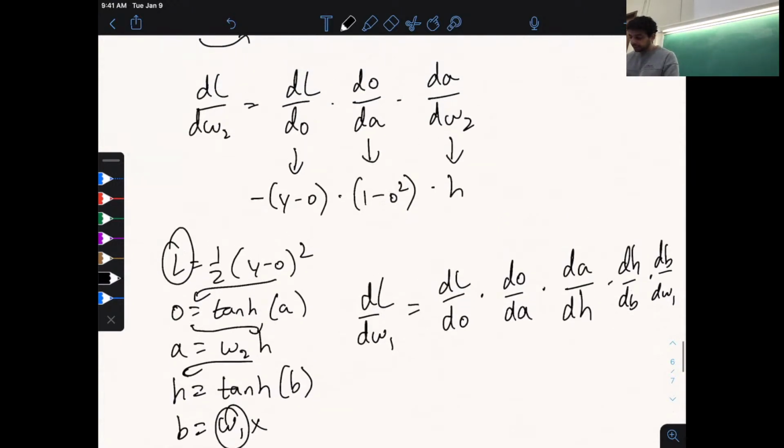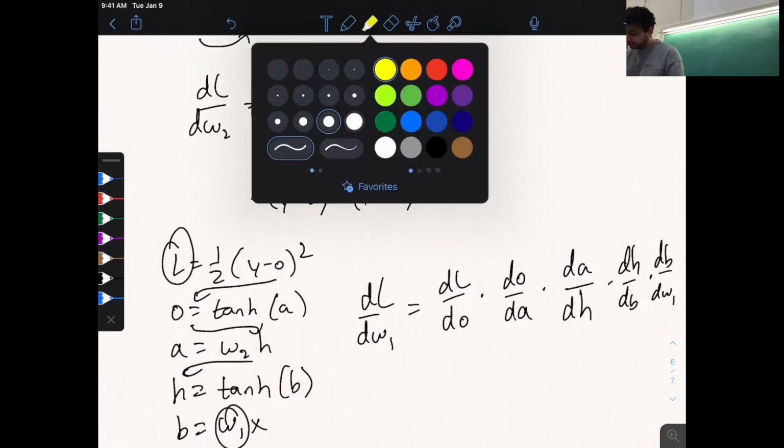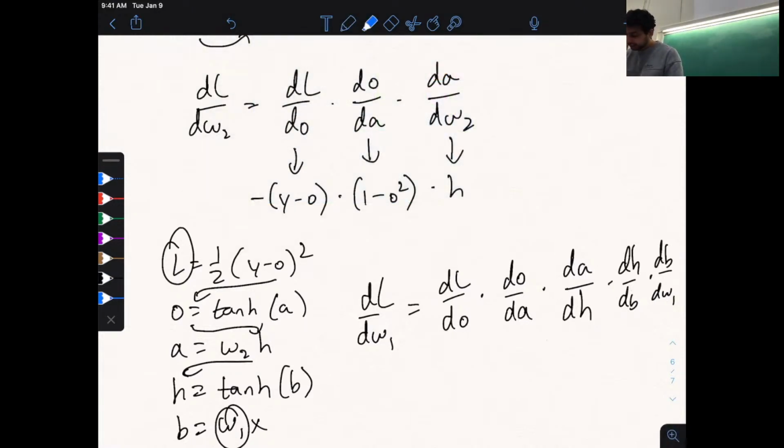And so if you look at dL/dW2 and dL/dW1, you actually notice that they share two terms, right? In particular, this term and this term are identical for both of these expansions. And so if I'm going to compute dL/dW2 first, which is what I should do because it's higher up in the network, I've already computed these terms, so there's no need for me to compute them again when I'm computing dL/dW1, right?